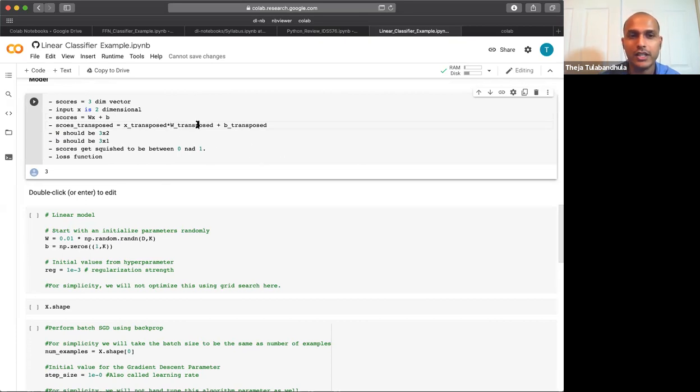We're going to use this notation because you'll see that it lets us do vectorized computations. Remember, loss we had to compute per example. Now examples are arranged as rows, so X transposed would be a row vector. If these are rows, then I can just multiply with the W transpose matrix, and I can get all the scores and so on.